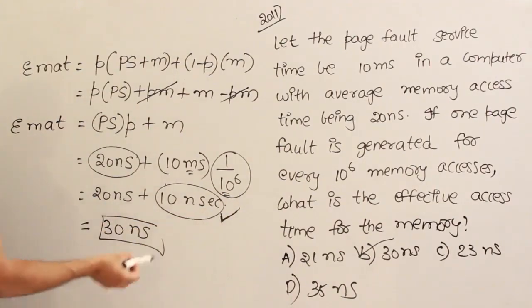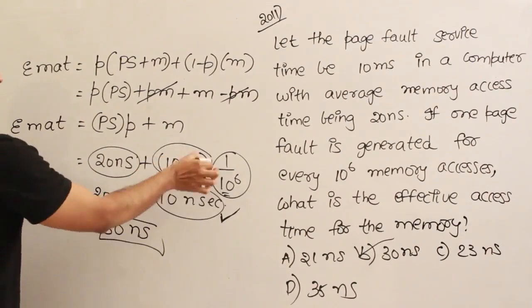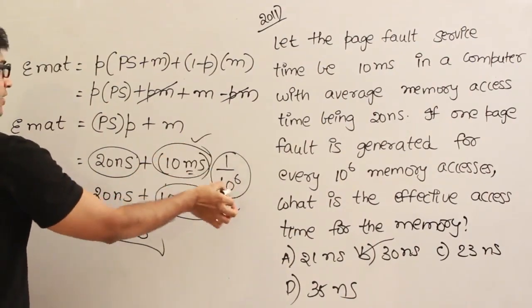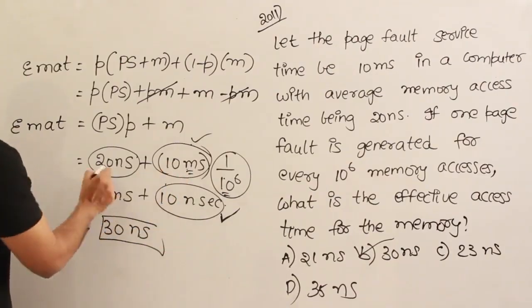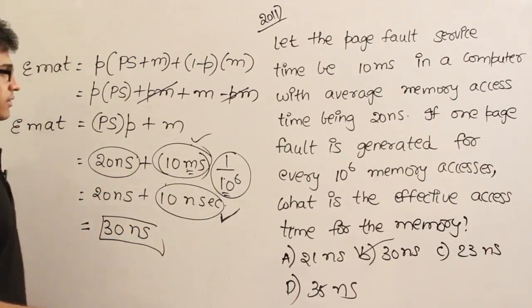Why? Because the page fault time is considerable. Even if it happens only once in a million times, whenever it happens it takes a lot of time compared to when it doesn't happen.